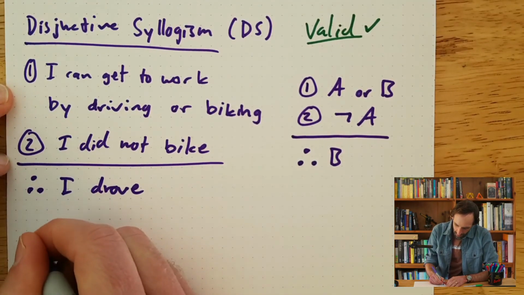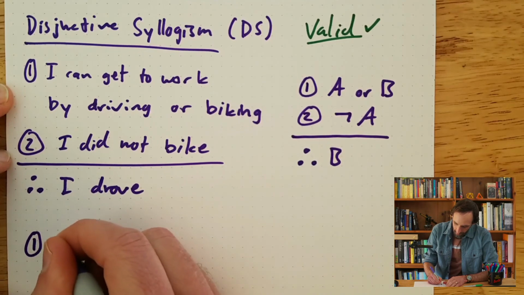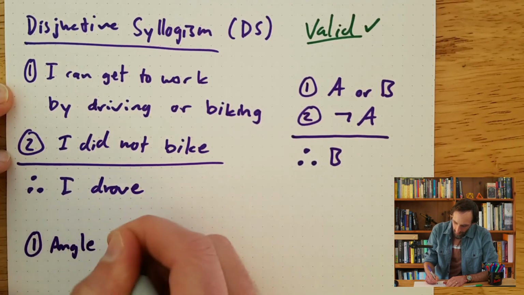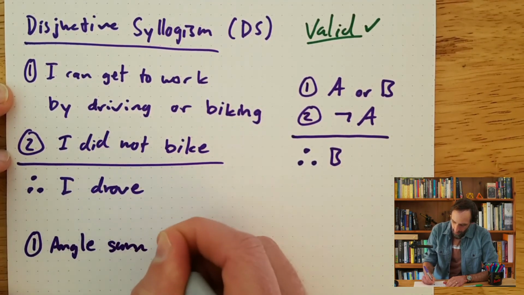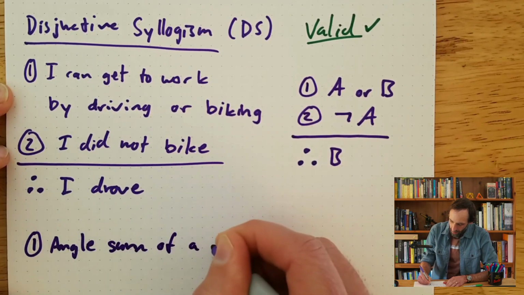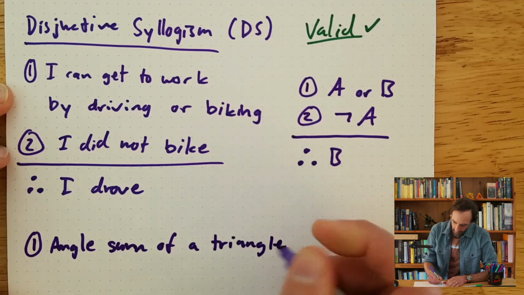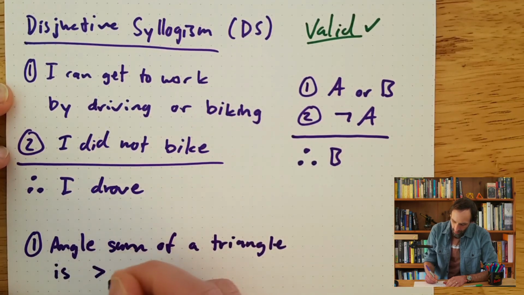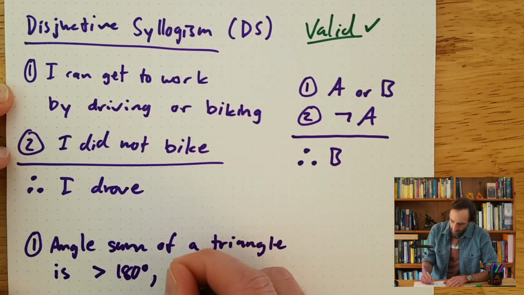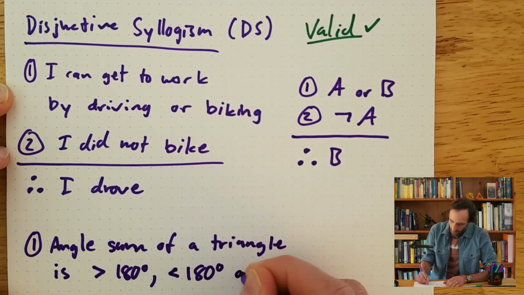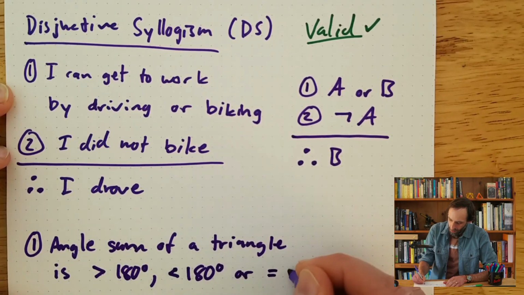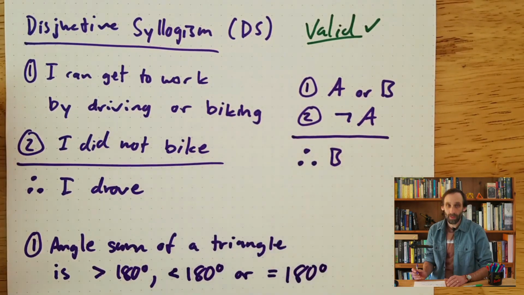So premise number 1 would be: the angle sum of a triangle is greater than 180 degrees, less than 180 degrees, or equal to 180 degrees, right?